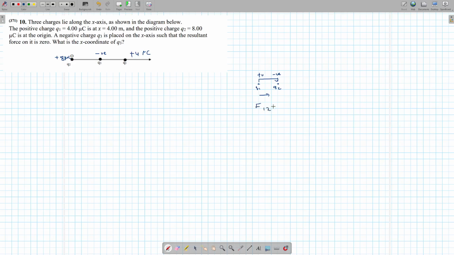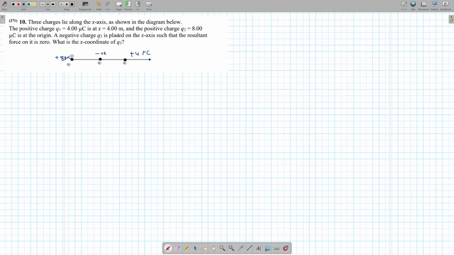But if they were both positive, they would be repelling, so F12 would be to the right. But that's not my point. My point is just to show you, any two charges will always exert a force on each other.